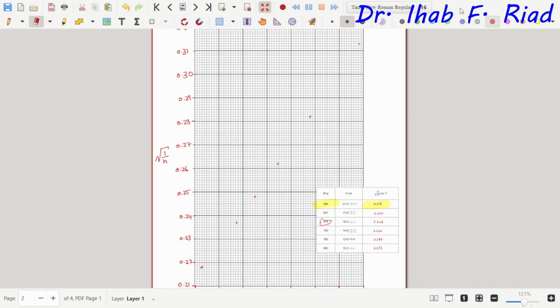You try to move your ruler around such that the line passes through as many data points as possible. Okay, this is the rule. You make sure that your line passes close to as many data points as possible.